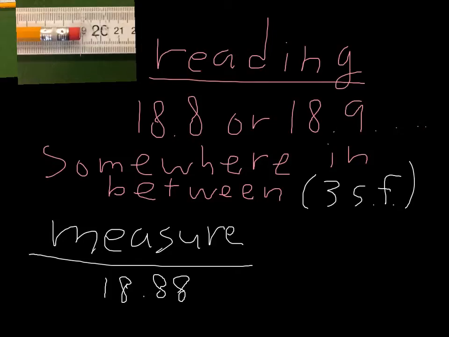This last 8 is me estimating out by 1 significant figure, because I think it's about 8/10 of the way between 18.8 and 18.9. Ultimately, that leaves us with a measurement that, instead of 3 significant figures, has 4 significant figures.